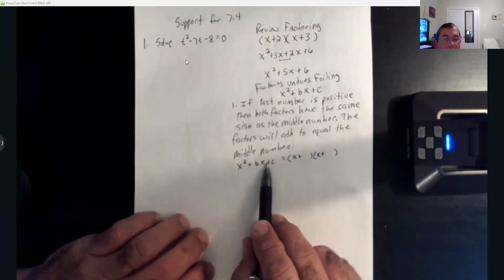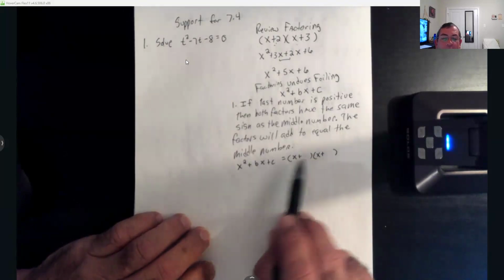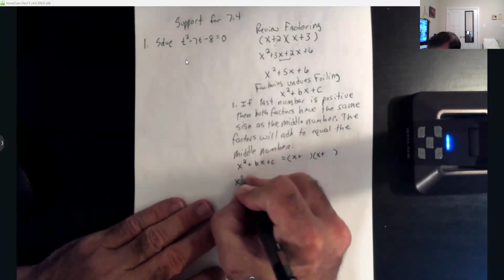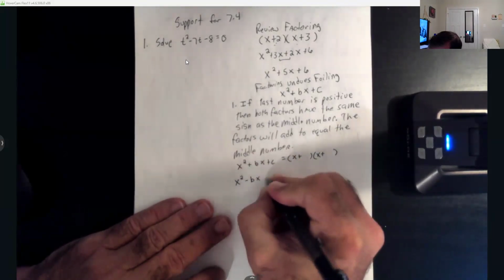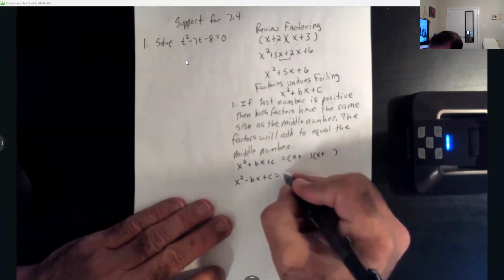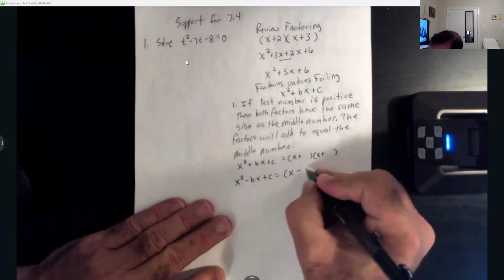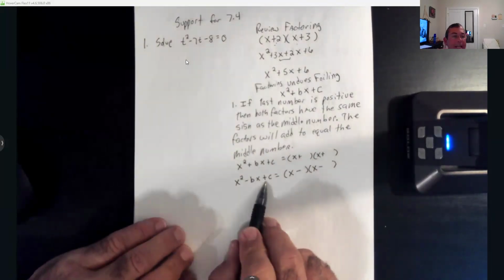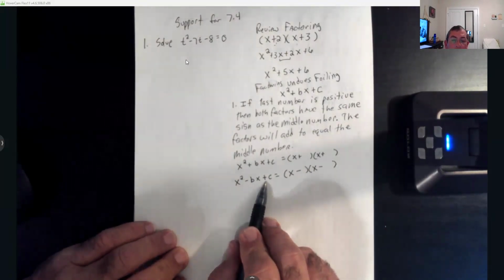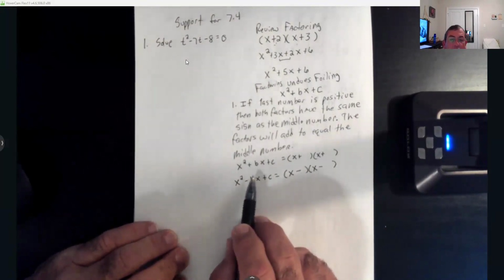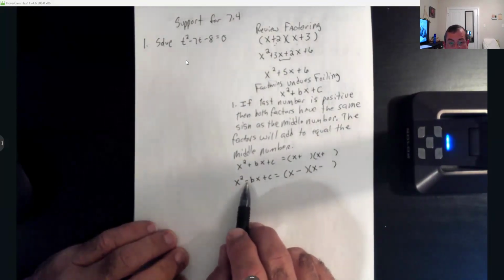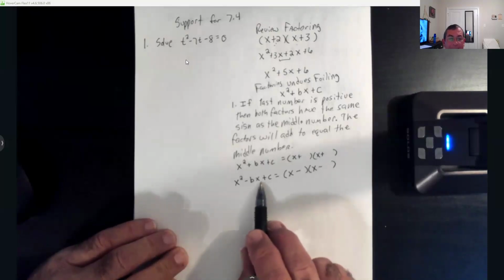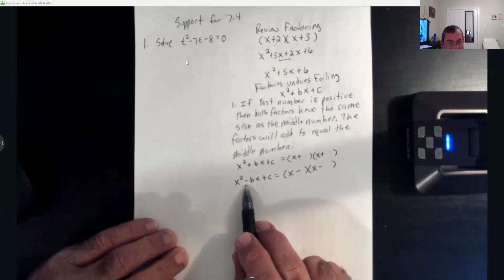If the last sign's positive, both of these factors are positive like the middle number B here, okay? Now, if the last number's positive, both of these factors will have the same sign as the middle number, which is negative. So the way you get two negatives is when the last number's positive and the middle number's negative, okay?